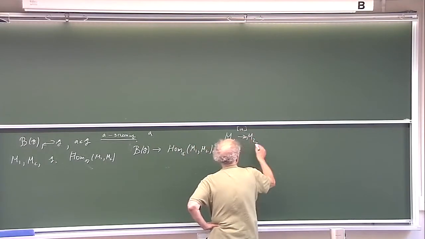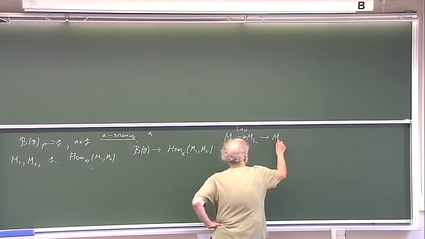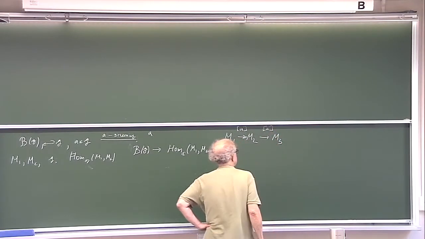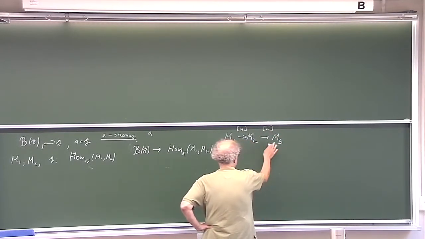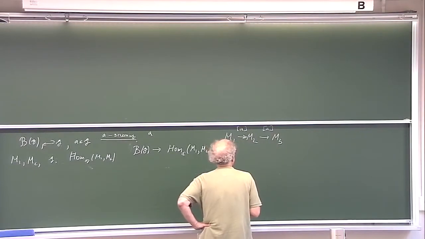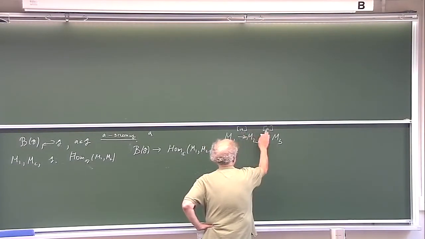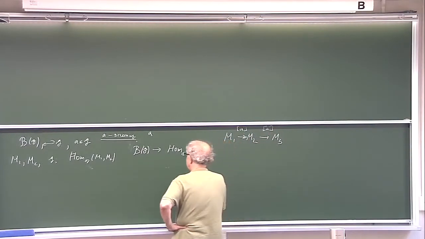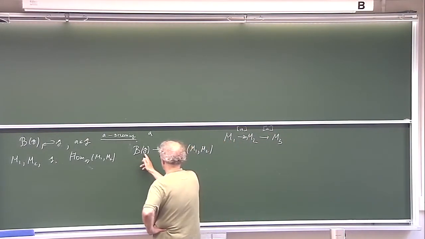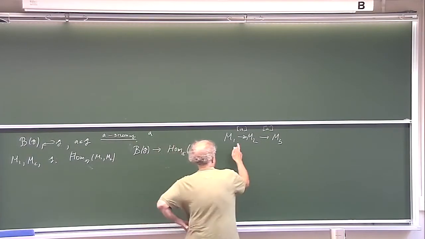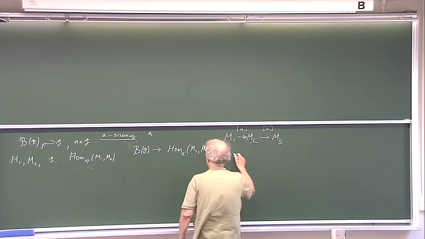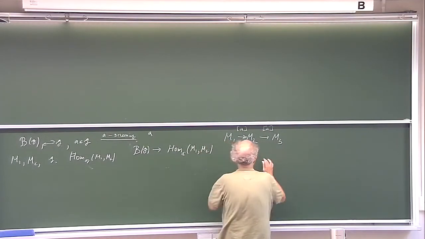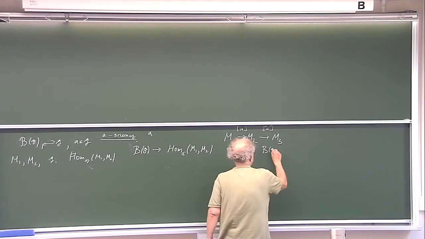And I have M2, M3, and I also have some other embedding from M2 to M3. And I want to say something about their product. It is clear what is going on: we have in this space of homomorphisms some Bg, and in this space of homomorphisms also some Bg.